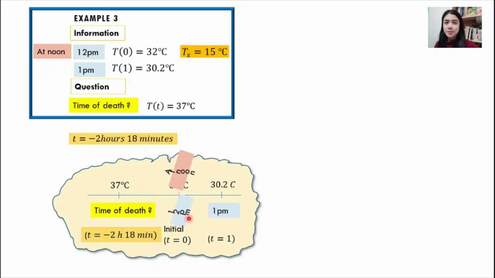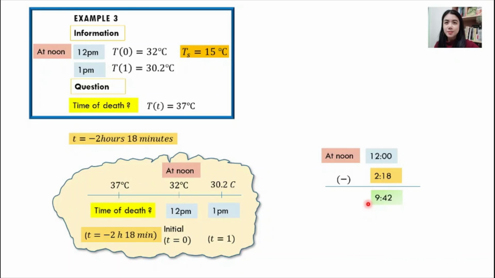At 12 noon, we are going to subtract this t, negative 2 hours 18 minutes. If you subtract, we have 9:42. This means that the time of death is 9:42 a.m. So in the morning at 9:42 a.m., this man was killed.